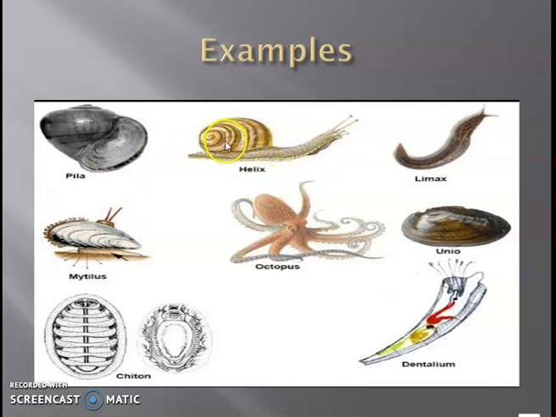Snails also have a shell on their back, so they can hide themselves. This is Limax. Octopus also belongs to this class of animals. Chiton, Mytilus, Dentalium, Unio. Most of these you can see have the shell at their backs. So it means we can categorize them into this category.